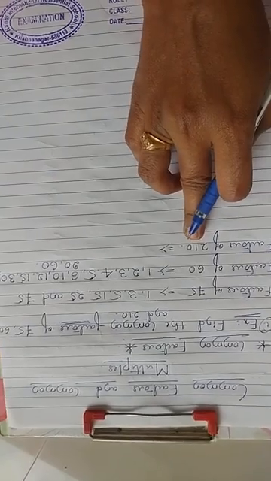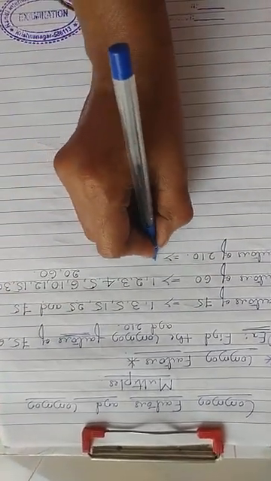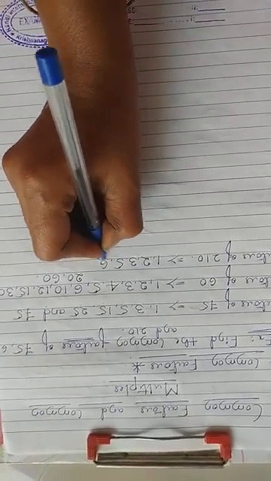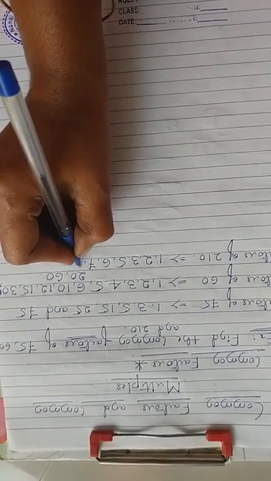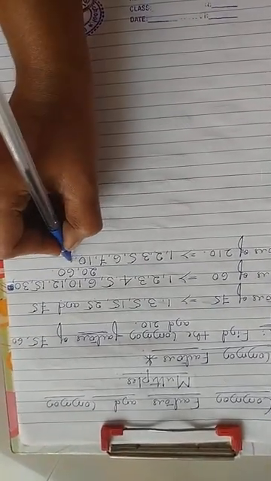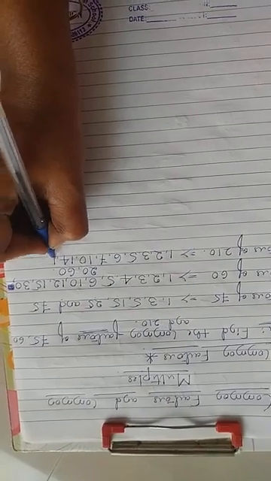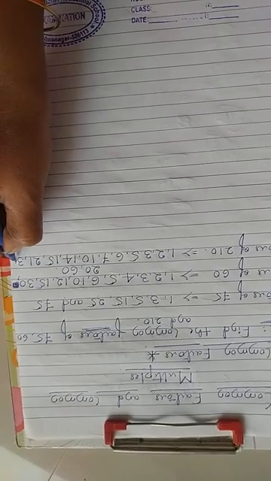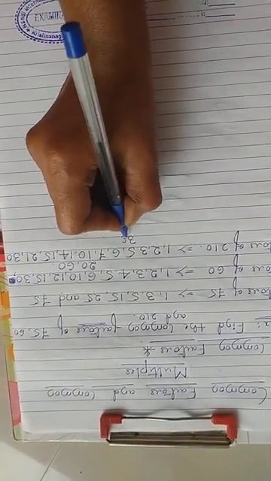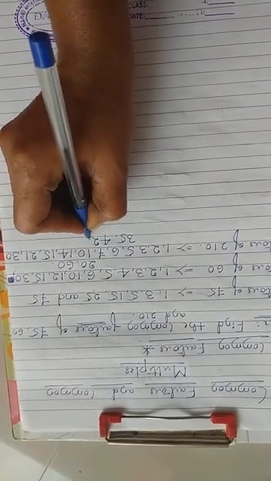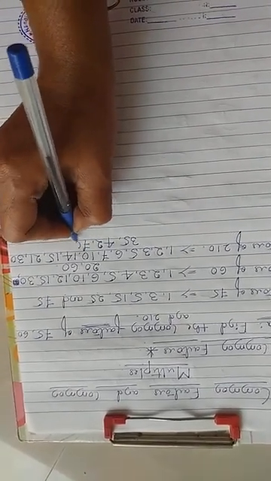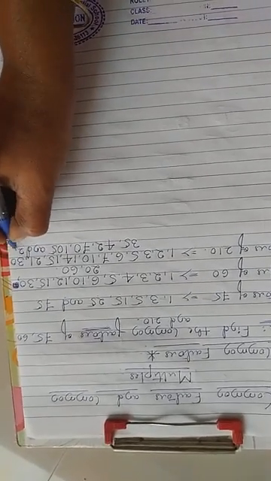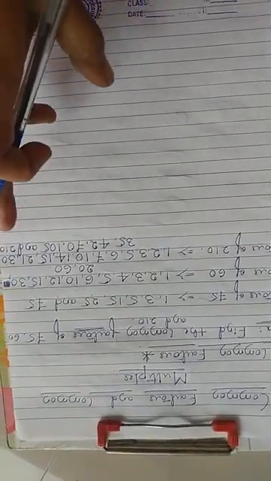Next, factors of 210: 1, 2, 3, 5, 6, 7, 10, 14, 15, 21, 30, 35, 42, 70, 105 and 210 itself also.